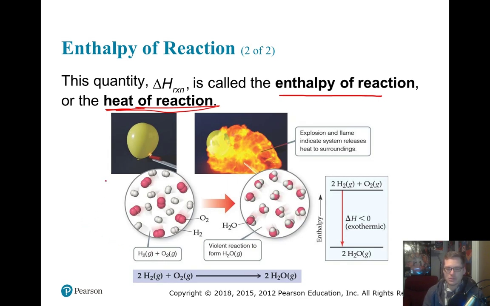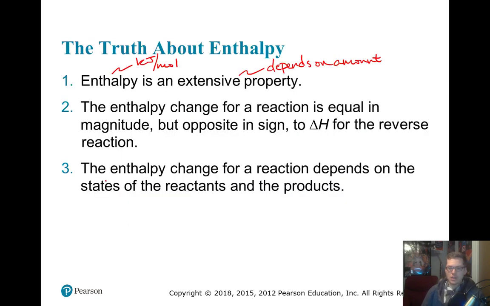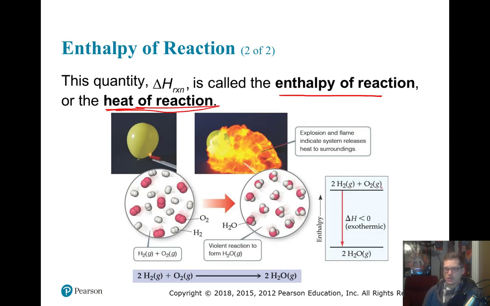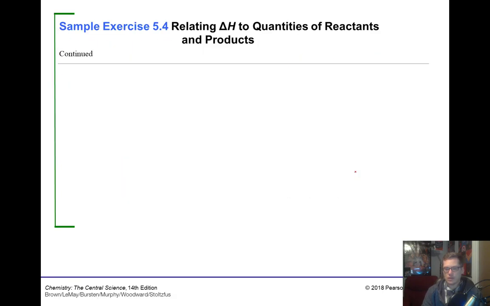If for some reason you managed to burn liquid hydrogen and liquid oxygen, you would get a different enthalpy change, because the liquid states are at a different level of energy, so we'd get a different delta H. When you're talking about enthalpy changes, you have to pay attention to your states of matter, because depending on them, you're going to get different values.